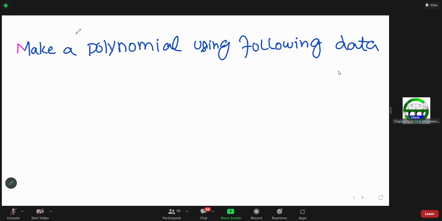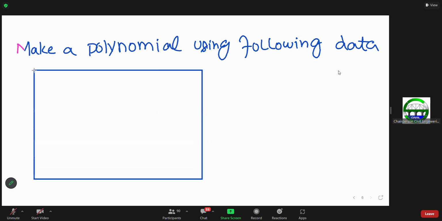They gave the data, so I will just write this one. Let's make a table in this way, and then draw the horizontal lines in here.